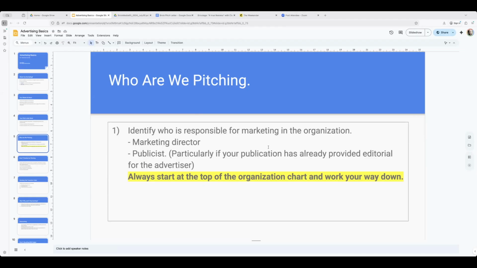If you think about it, if you start sort of at the low end of the organization, one of the problems with that is that inherently, whoever you start with, they have to go to their boss, and then their boss has to take it up the chain. Whereas if you start at the top of the chain, it's often easier. Often a VP of marketing can make a decision a lot quicker than a marketing director or a marketing assistant.